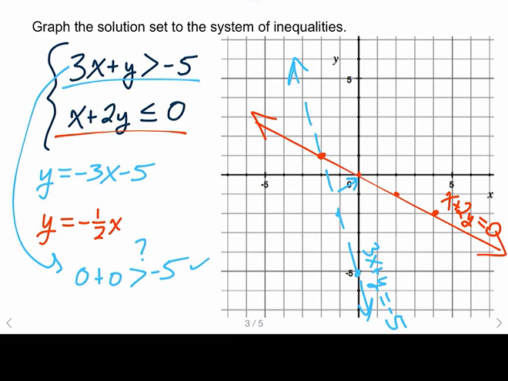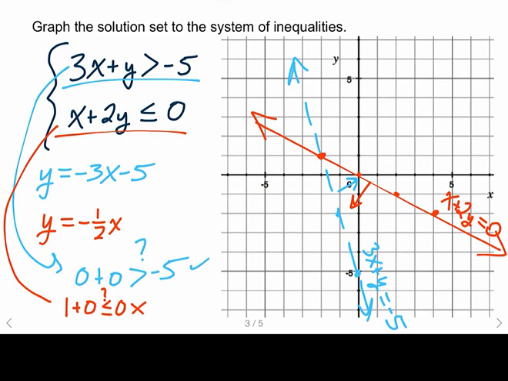What I can use is any point that's not on the line, and so I'm actually going to use the point 1, 0. If I put 1 in place of x and 0 in place of y, do I get a true statement? Is 1 plus 0 less than or equal to 0? The answer is no. And so I don't shade the red line on the side that includes the point where the answer was no. I'm going to shade the other side. And so that's going to be, looks like, below the line in this case.